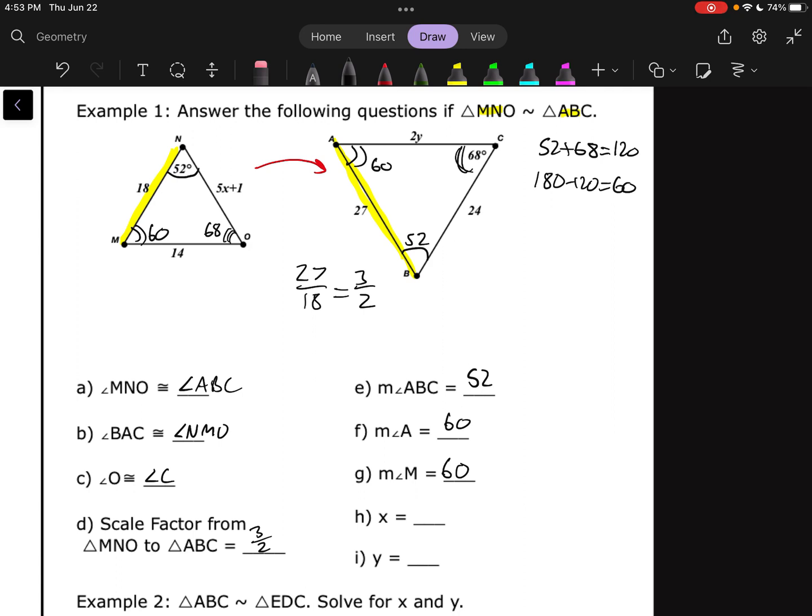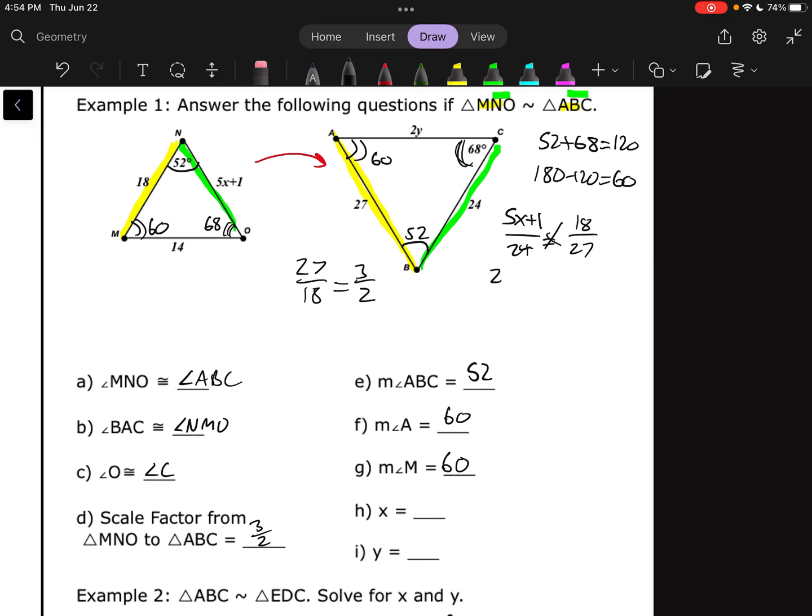And then X and Y. Well, where's my X? My X is on NO. NO should be BC. Okay, so let's do 5x plus 1 over 24 is equal to 18 over 27.